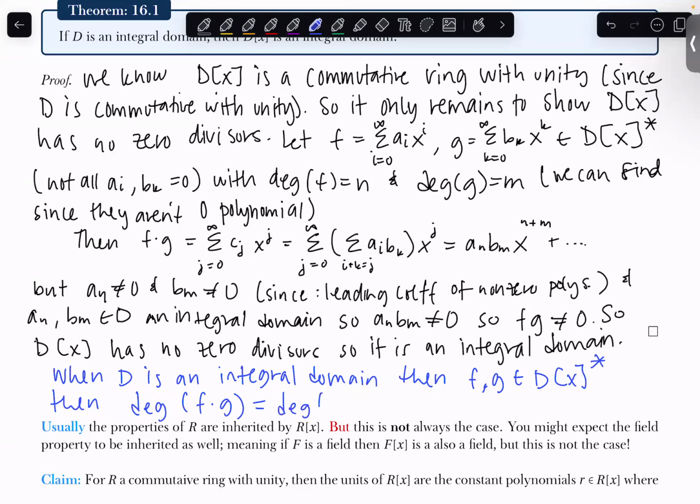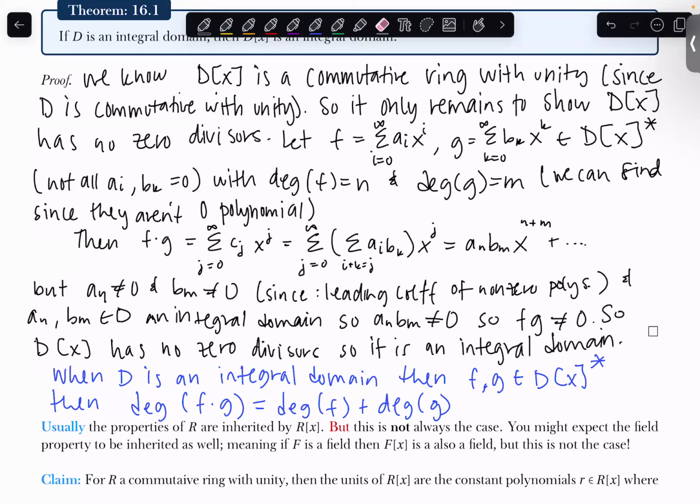Again, this is not always true. If I work with, let's say, Z sub 6, really any composite number as my coefficients, my degree can actually go down when I multiply two things together. Like if one of my polynomials had leading coefficient 2 and the other had leading coefficient 3, when I multiply those together, it would give me back 0 mod 6, and it would make my degree go down, right?